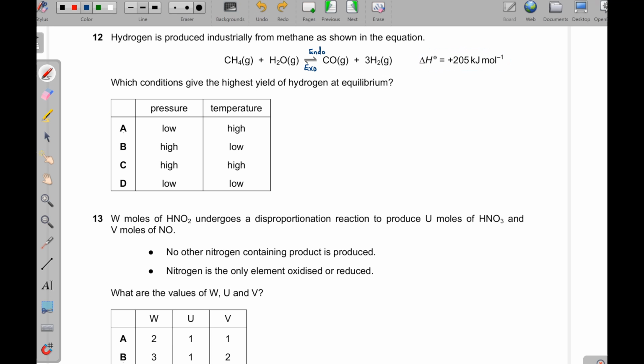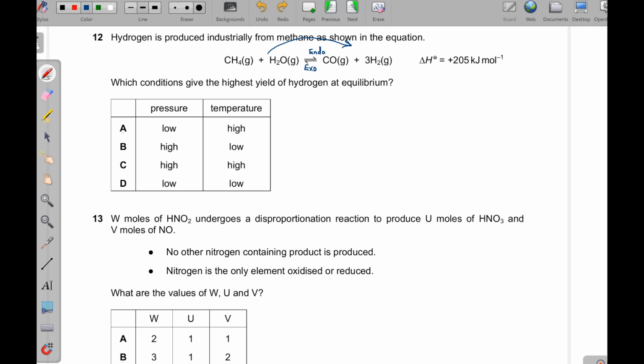That means first of all we need to shift the position of equilibrium to the right because we are getting the highest yield of hydrogen. Get it? So for the yield to increase, the position of equilibrium has to shift to the right, and this will be supported by the increase in the temperature because the forward reaction is what?